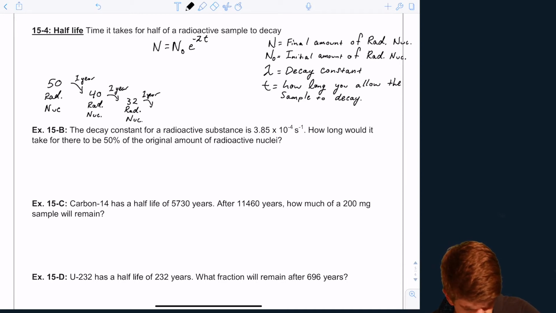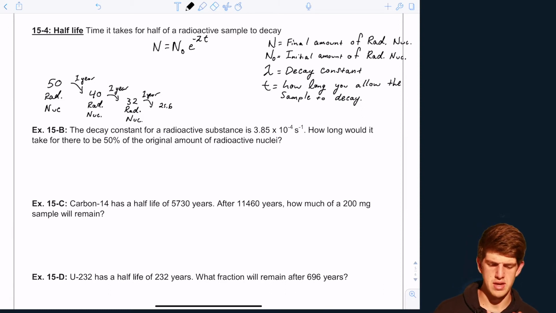So 6.4 of this would be like 25.6. And I could do another decay. I'm not going to hit with a whole number my actual time it takes for my half-life to occur. I'm not going to have a solid integer for a year when I have 25 of my radioactive nuclei left.